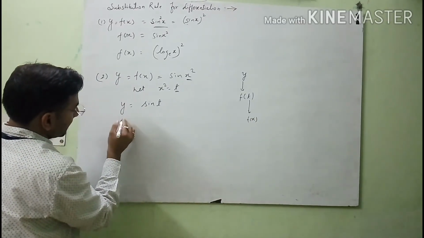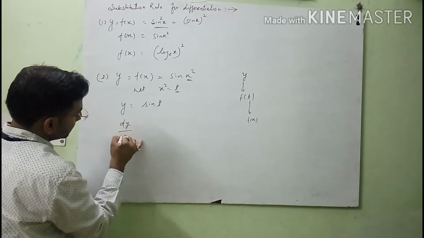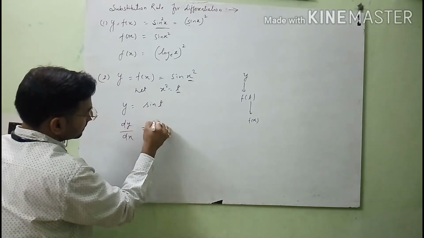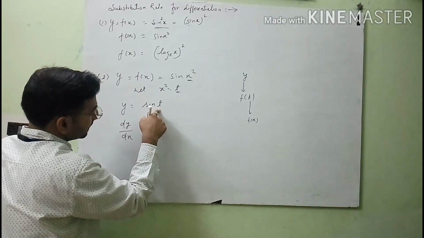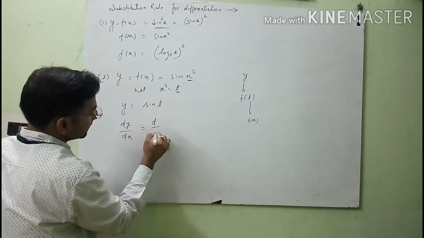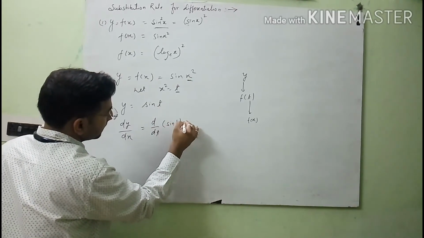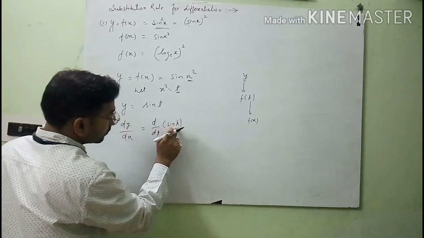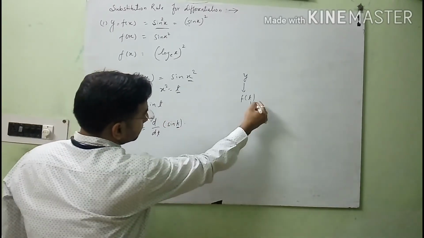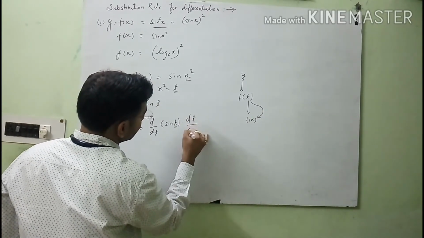If you want to solve this function with respect to x, you will write first the derivative of this function with respect to t. After the product sign, you will again differentiate this t with respect to x, because t is a function of x. So you will write dt over dx.